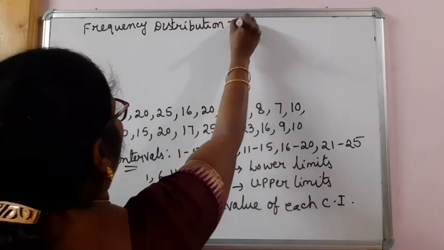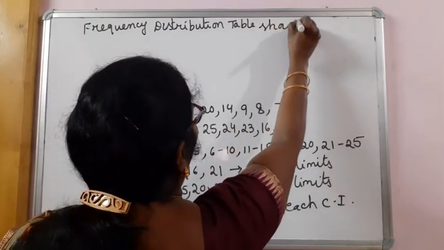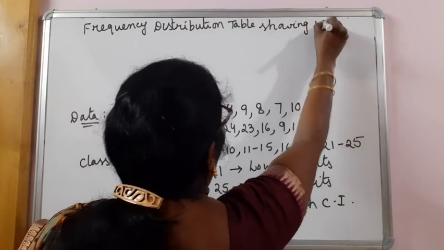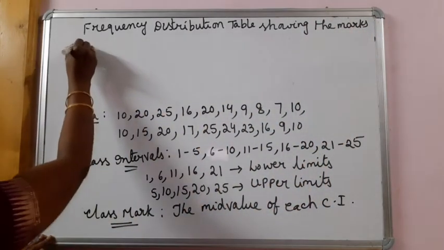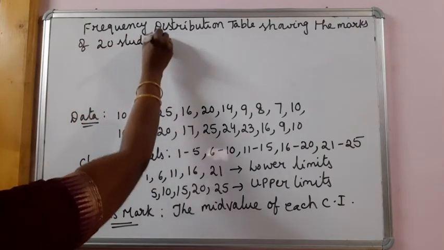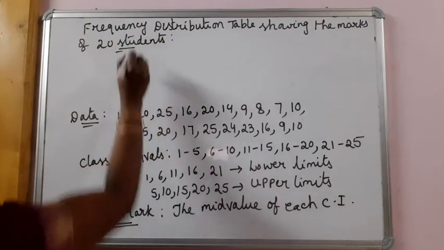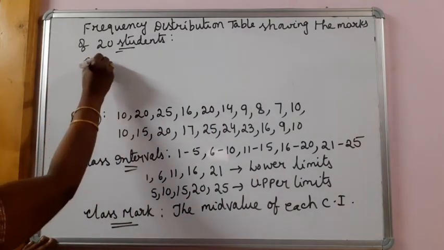Frequency distribution table showing the marks of 20 students of a class. And here less space, if I rub it will be okay. Let me do class interval here.